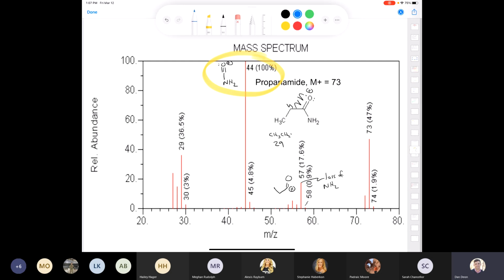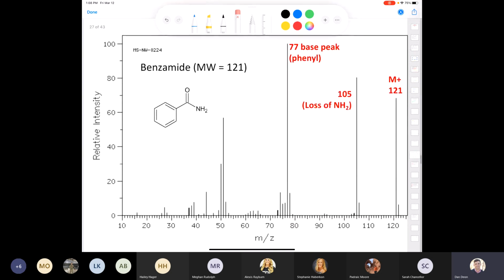You could say, and this works totally perfect, okay? If you just said loss of ethyl, the loss of the ethyl radical, that would be good enough for me, right? Same thing here. You can draw out the charged fragment that produces the peak, or you could say loss of NH2. If you want to say both, that's fine with me too, okay? I'm the kind of person that likes to annotate, if I have time, I like to annotate a spectrum and put all kinds of information on there, maybe a little too much. Anyhow, let's move on from there.